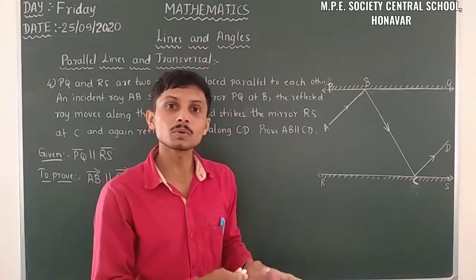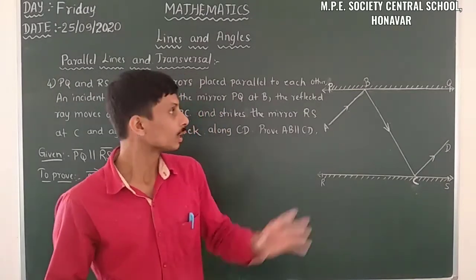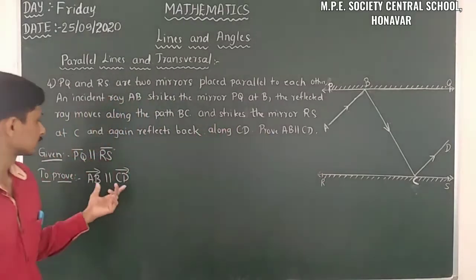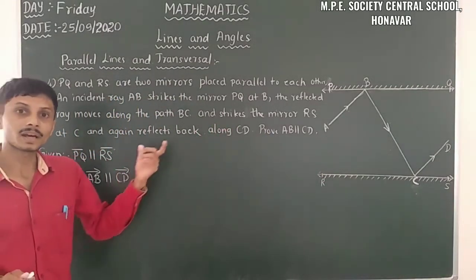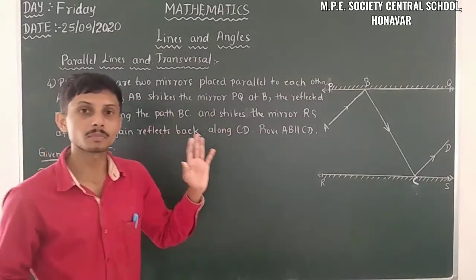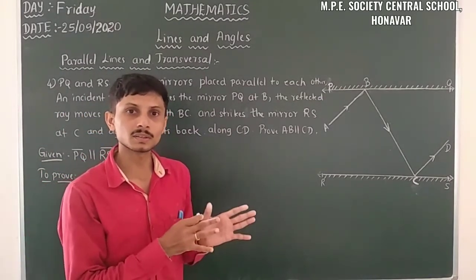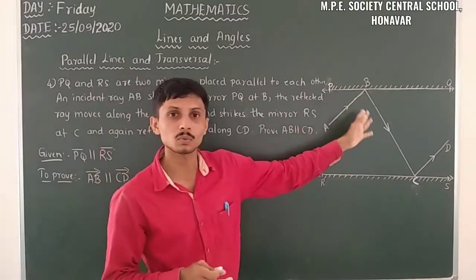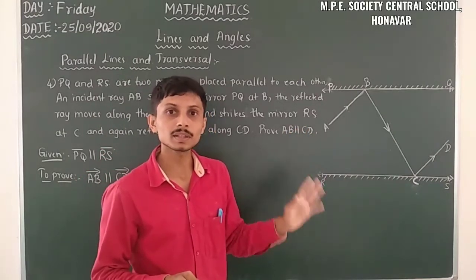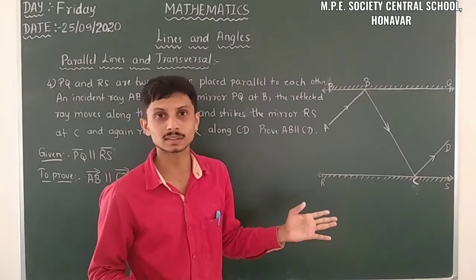From that we have to prove AB is parallel to CD. But it is quite difficult with only these quantities, so we have to take a construction.